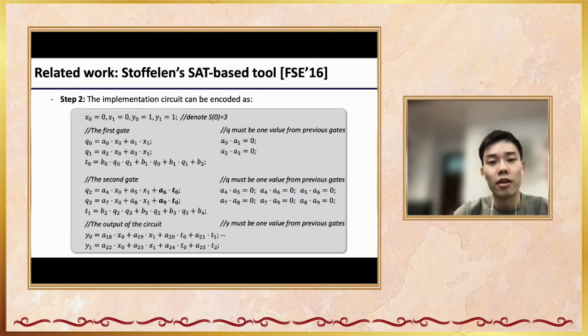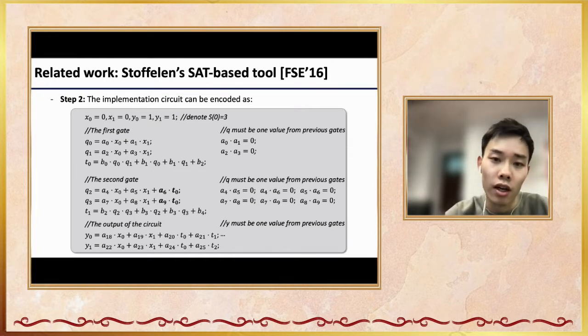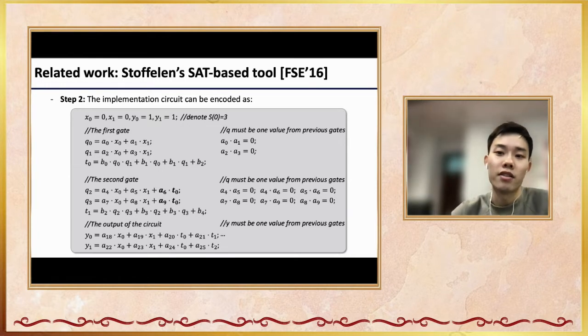For the second step, the variable t represents the gate, and the variable q is the input of a gate. Each q must be one of the S-box inputs or the output of one previous gate. This can be constrained by the variable a. For example, the inputs of gate T0 are Q0 and Q1, and each of them can be one of X0 or X1.